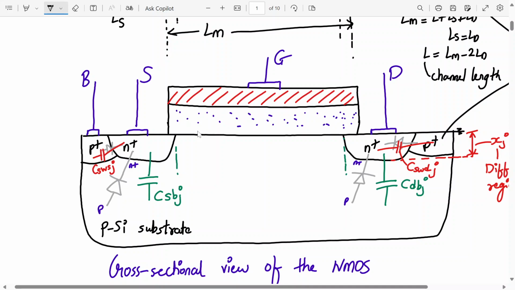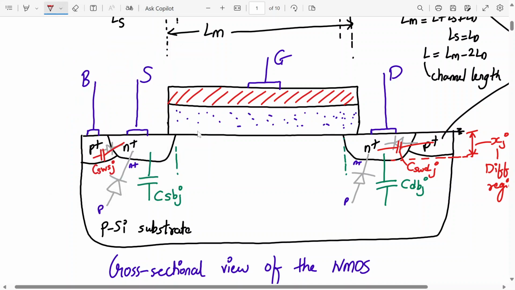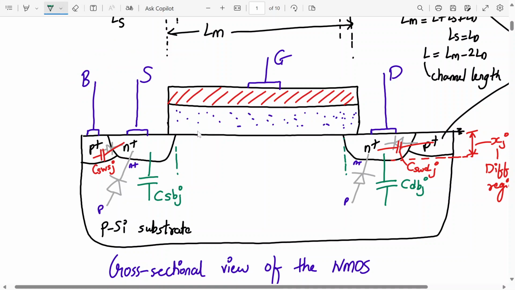Because of that, you see this distance over here, this thickness, is Tox. Between the gate terminal and the N plus source region over here, we have one capacitance because of the overlap.